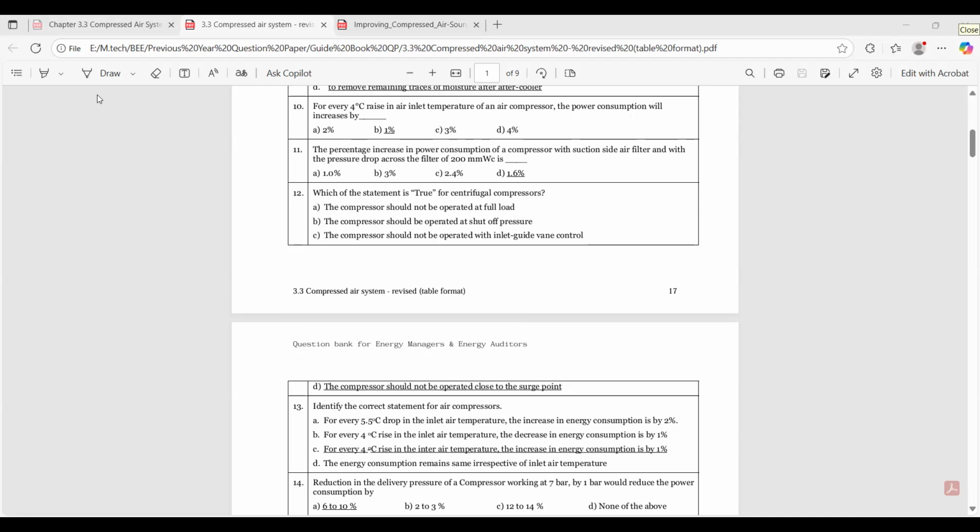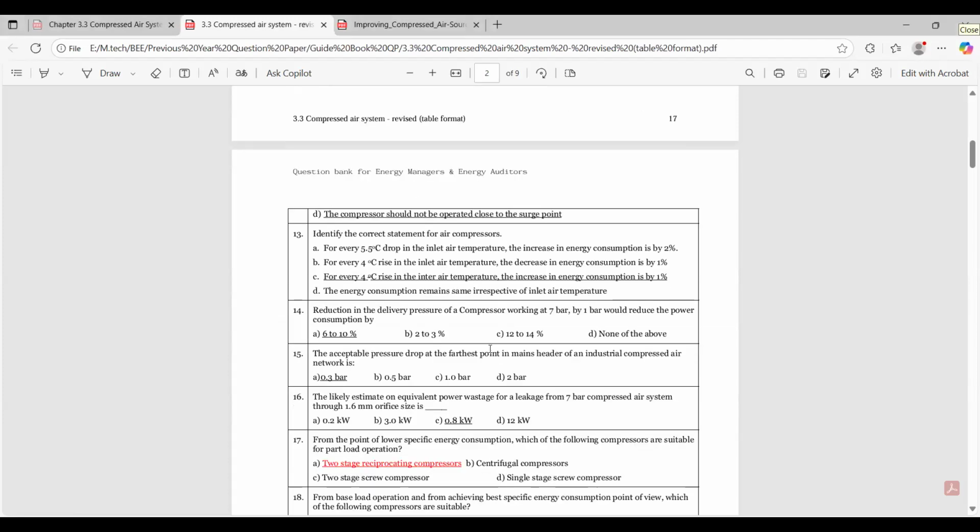Reducing the delivery pressure of a compressor working at 7 bar by 1 bar will give you a saving of 6 to 10%. The acceptable pressure drop at the farthest point in the mains header of an industrial compressor network is 0.3 bar. So lower is better. The likely estimate of equivalent power wastage from leakage in a 7 bar compressed air system through a 1.6 mm orifice is around 0.8 kilowatt.